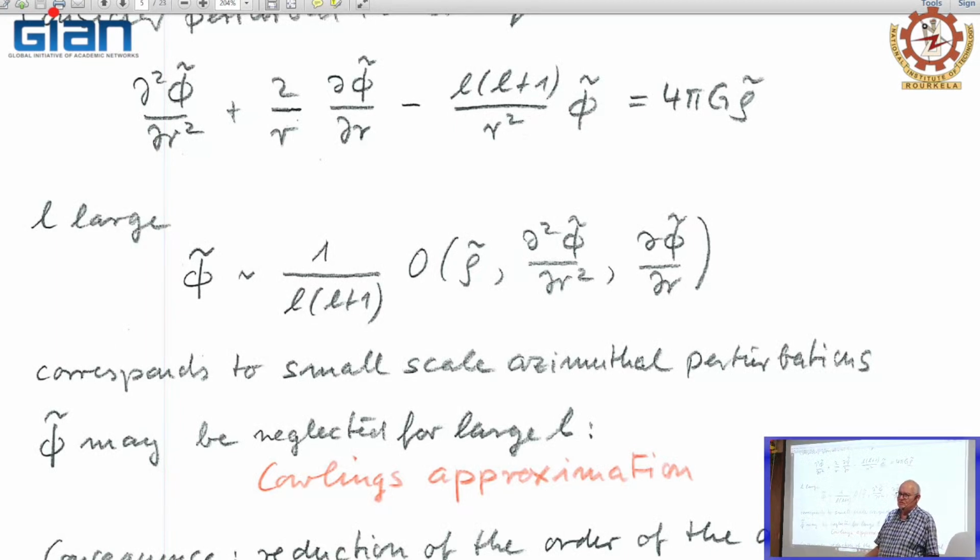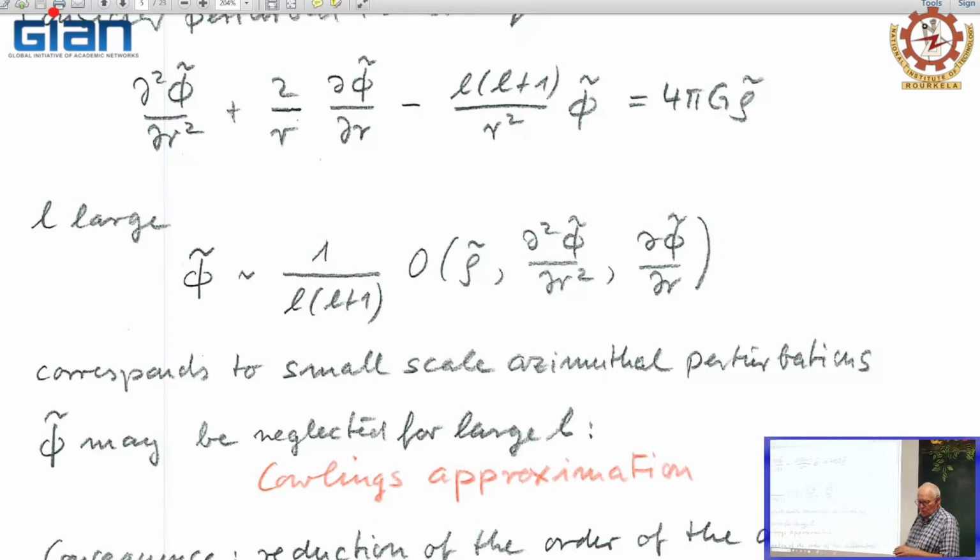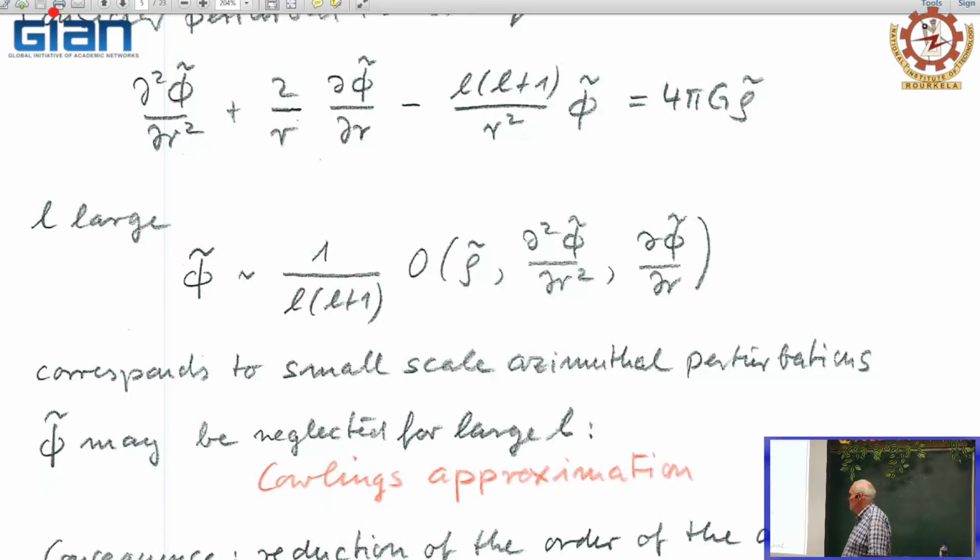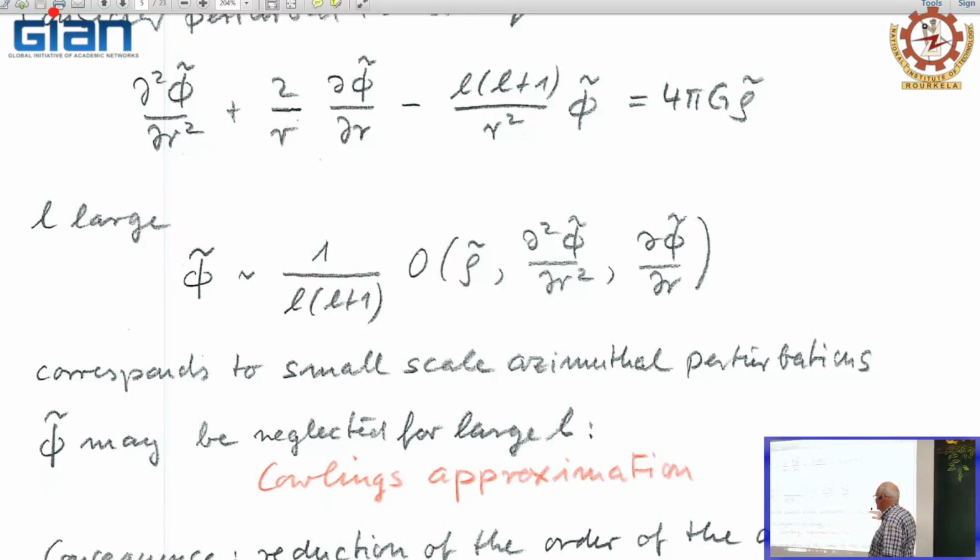This has the advantage that the order of the system reduces from 4 to 2, and we end up with an equation which is at least mathematically comparable to the equation for radial adiabatic perturbations. Okay? So small-scale azimuthal perturbations will average out, and phi tilde may be neglected for large L, and this is the content of Cowling's approximation.